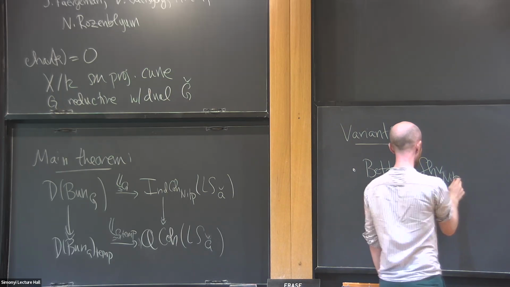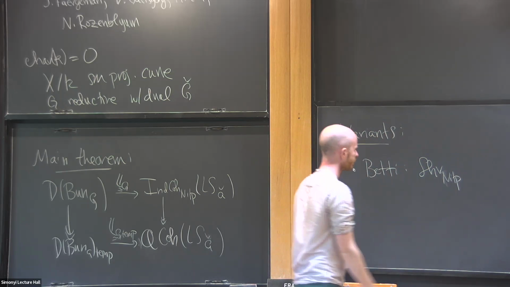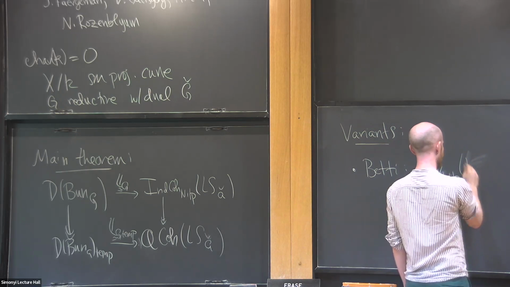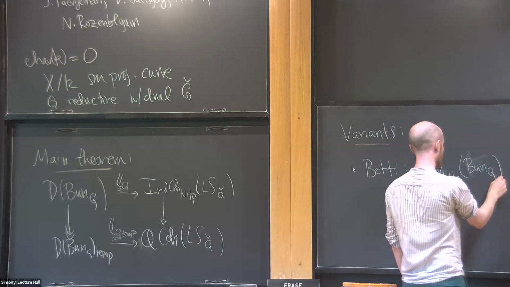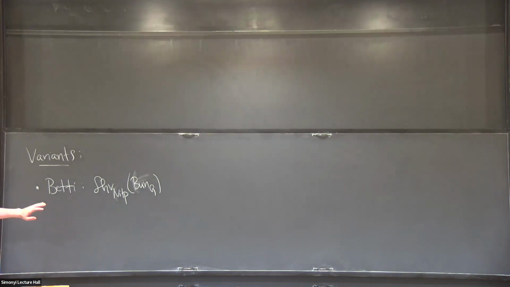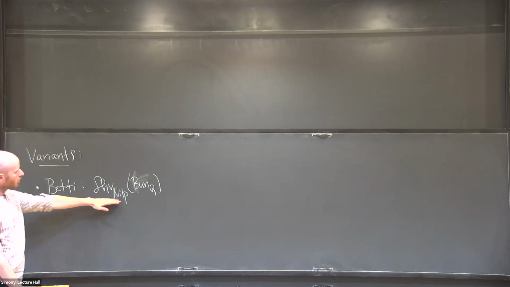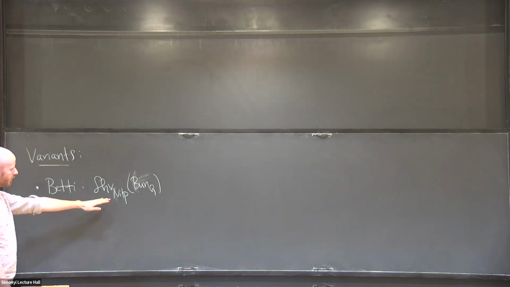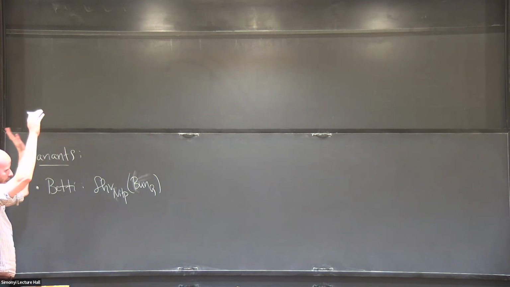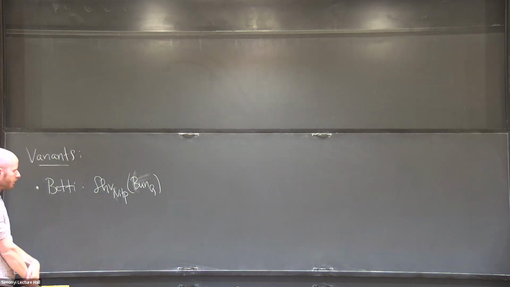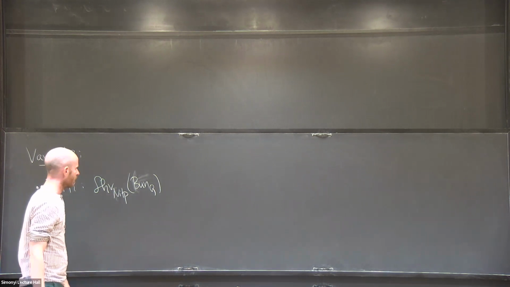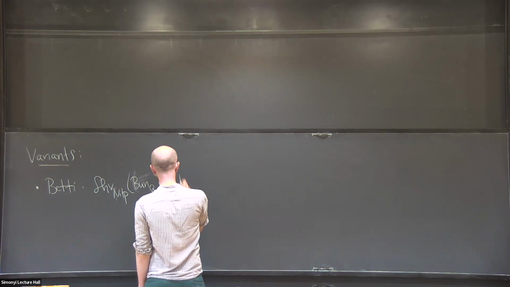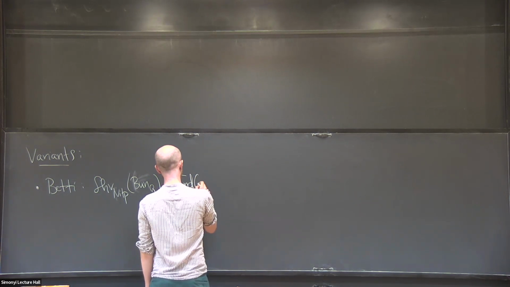There's a Betti version of this theorem in which I work over the complex numbers and I consider sheaves with nilpotent singular support on Bun G. And when I say sheaves here, for instance, when I talk about local systems, that would be a special case of a sheaf with nilpotent singular support. I allow infinite rank local systems. So I really mean representations of type 1. And that these are going to be equivalent to something of very similar nature.